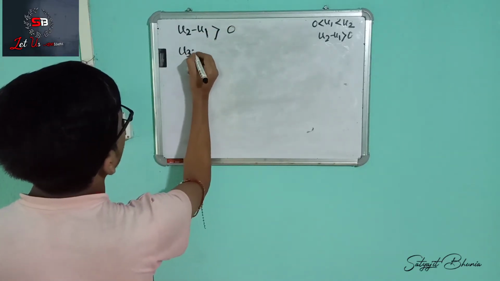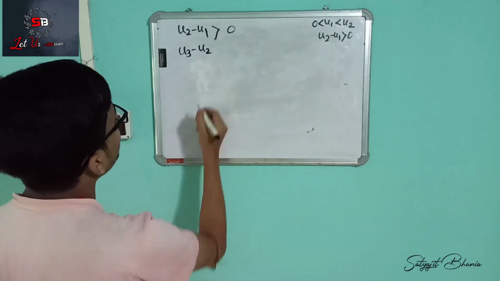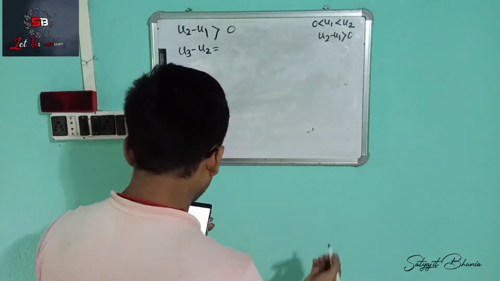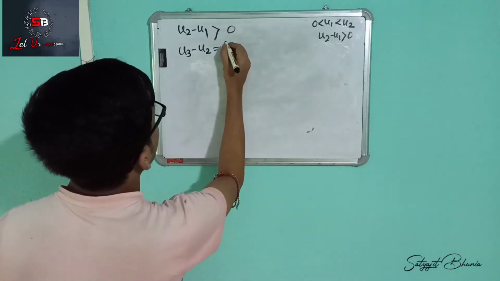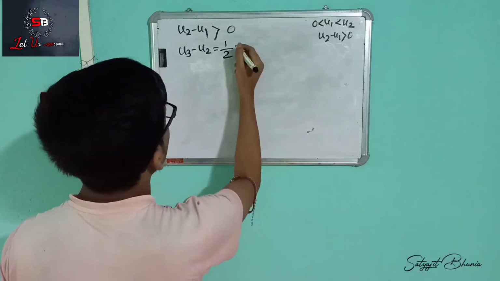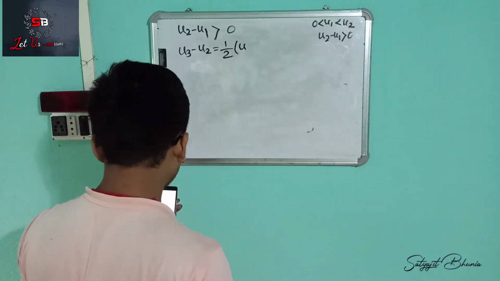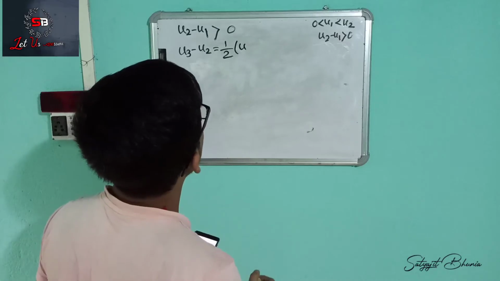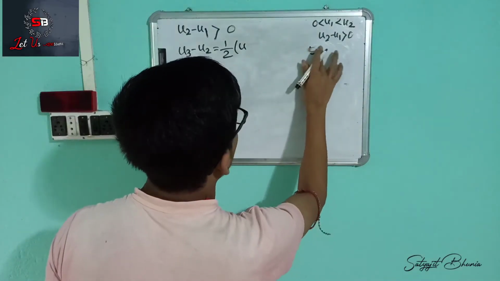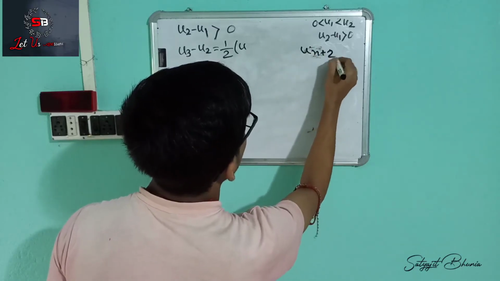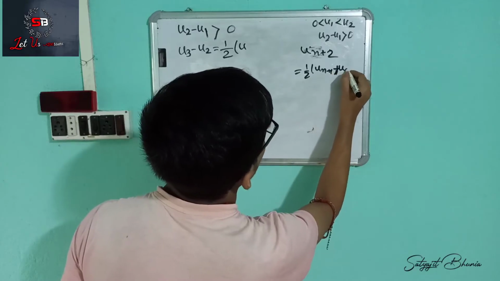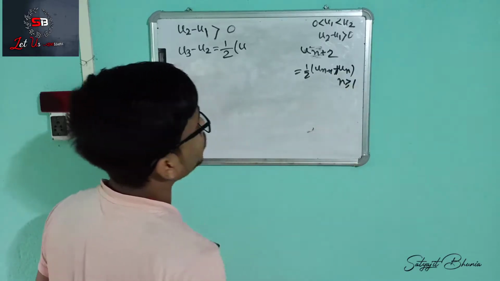And next, u_3 minus u_2 is equal to, what is the value of u_3? The value of u_3 is half of u_2 plus u_1, since we have u_{n+2} equal to half of (u_{n+1} + u_n), where n is greater than or equal to 1.